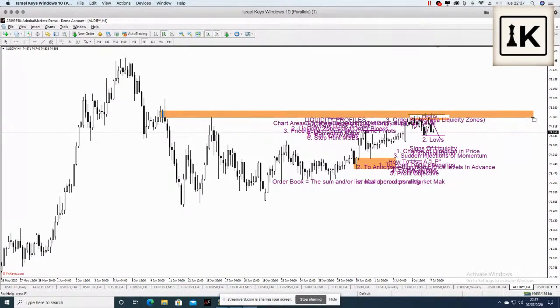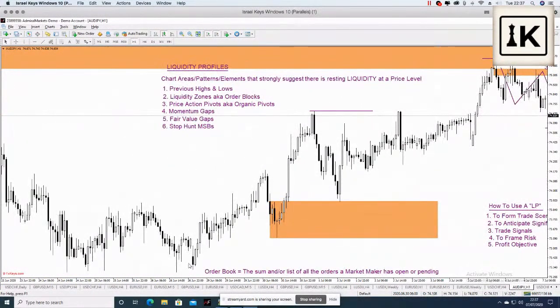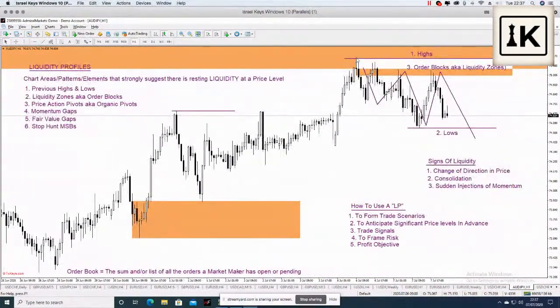Can you see that there? So this is an order block from June. The moment you got into the trade down here and you're balling. The moment price gets there and reacts, get out.